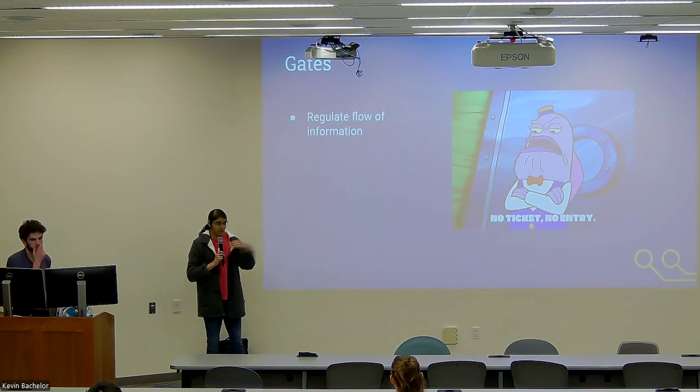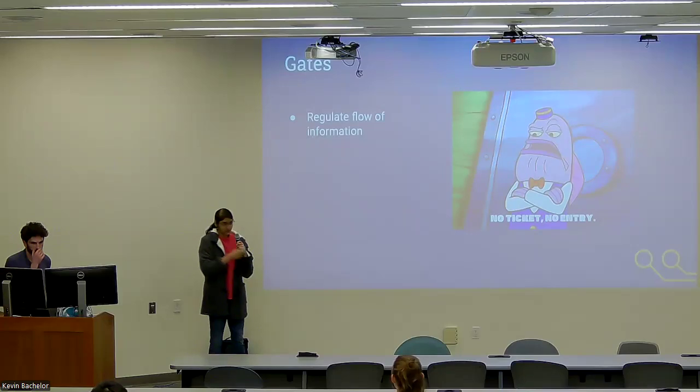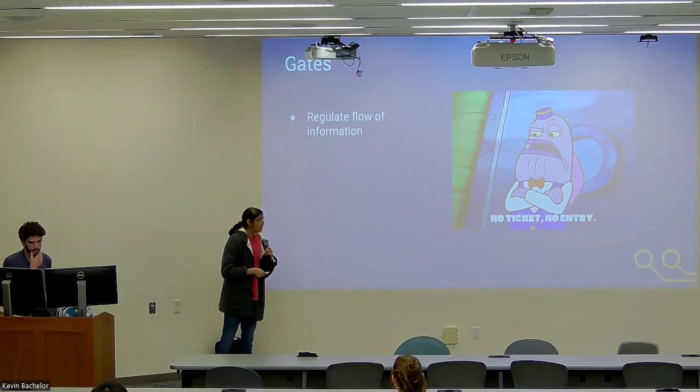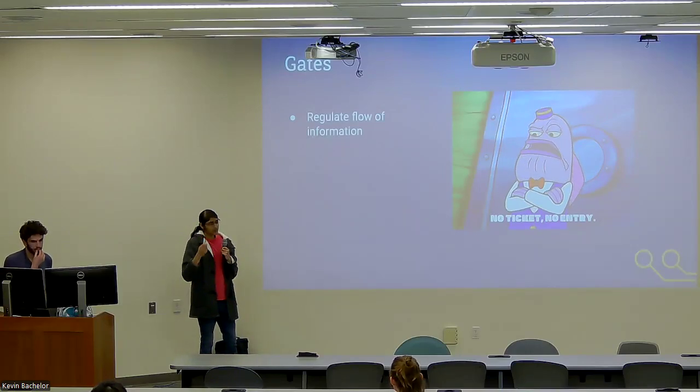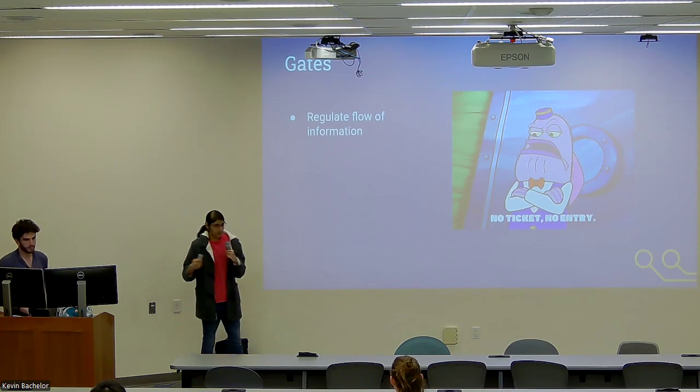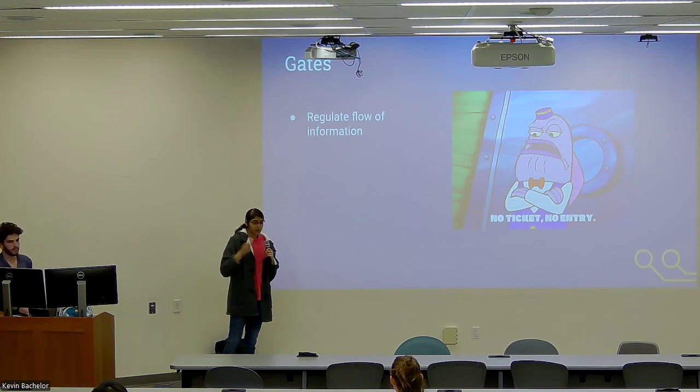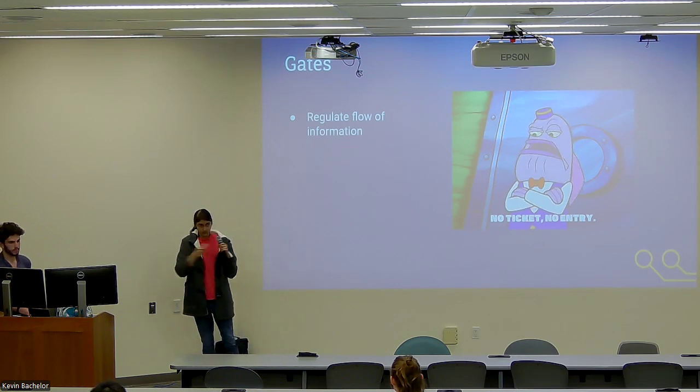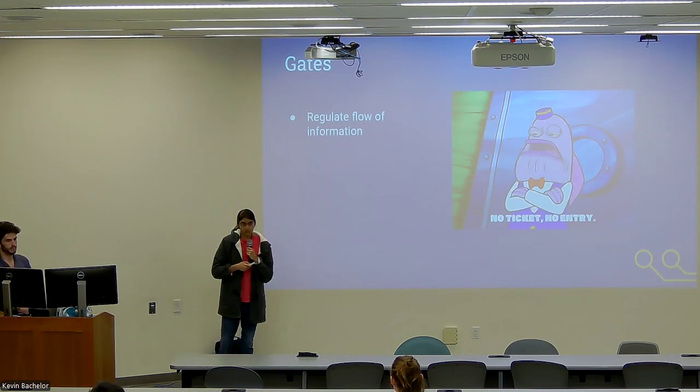So that flow of traffic is regulated, where some cars can go at some point and other cars can't. Similar to that, you can think of gates in that way, where it's selecting certain information to be pushed further down.